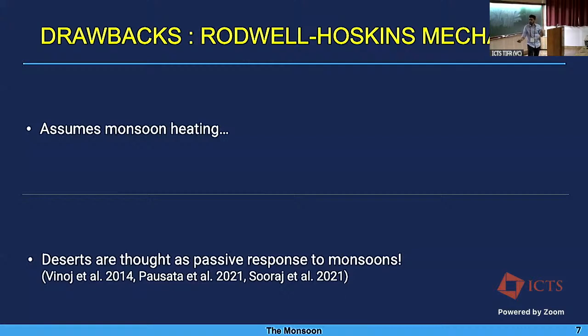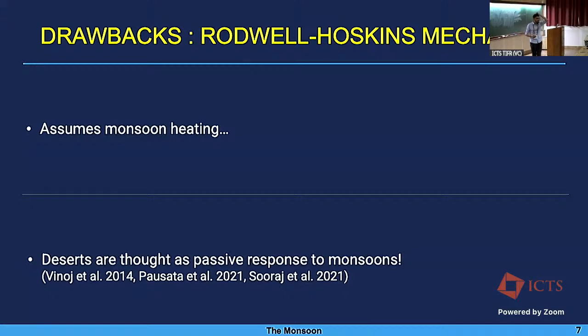Other feedbacks, for example, from dust, explained by Vinod et al. Vegetation and dust over Sahara, Middle East, can influence monsoon. So that's another proposition. Likewise, some other dynamical mechanisms also exist, especially during onset.